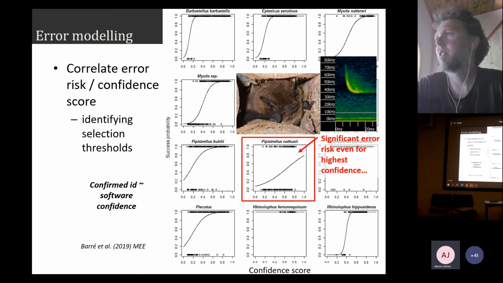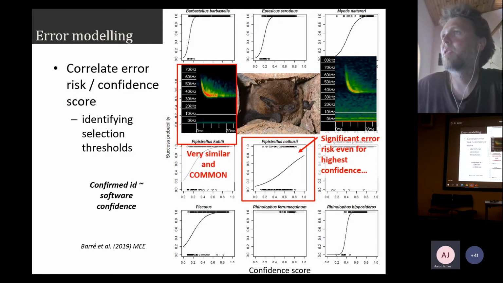An interesting case here, briefly, is Pipistrellus nathusii, which is pretty bad, because at the best score you still have like a 30% risk of error. This is not really because this species is not easy to identify, but because it is much rarer than its most closely acoustically related species, Pipistrellus kuhlii.